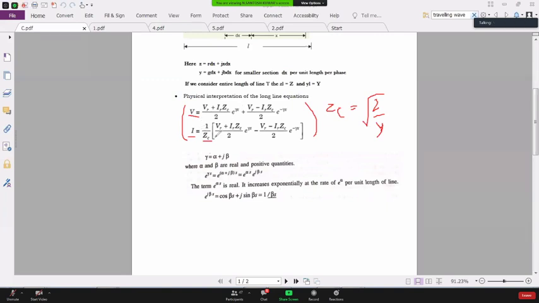Fine. The other term ZC is nothing but your characteristic impedance, which is given by under root Z by Y. What about gamma? Gamma is called the propagation constant. After completing this concept, you will understand why we name it the propagation constant and why ZC is named the characteristic impedance. Everyone please be attentive.